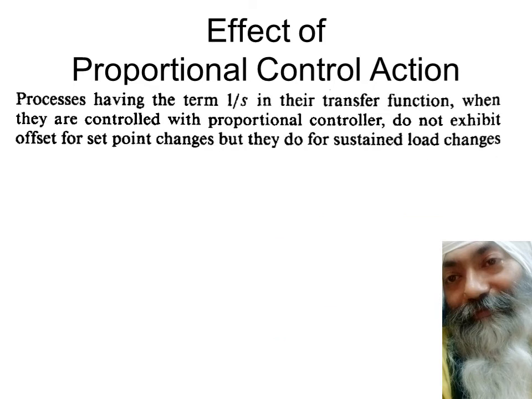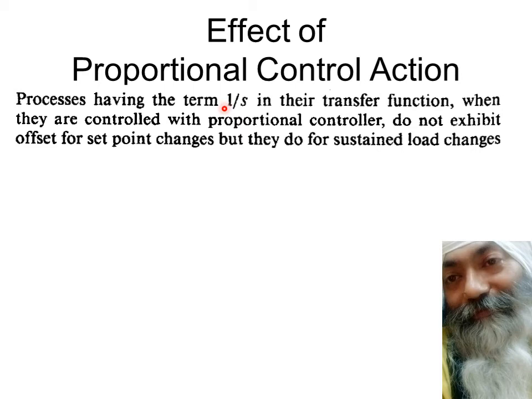Now, the exception I was talking of is that in certain processes, which we call purely capacitive processes, the process is purely capacitive. What is the significance? What are the characteristics of that process? Purely capacitive processes are given by the term 1 by s in their transfer function. This is what we have studied in previous sessions.